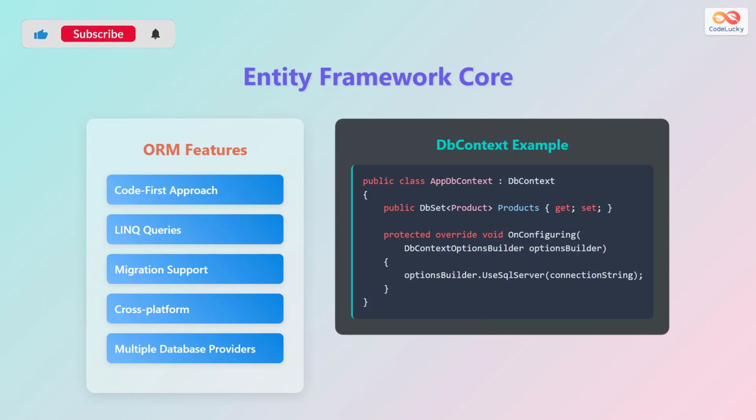Migration support helps you version control your database schema changes. It's completely cross-platform and supports multiple database providers including SQL Server, MySQL, PostgreSQL, and SQLite. The DB context example demonstrates how to set up a database context with a products DbSet and configure the SQL Server connection.